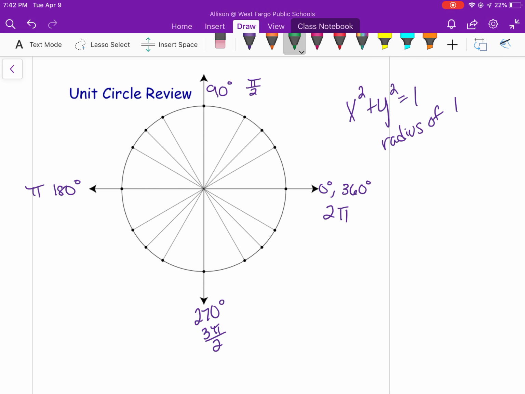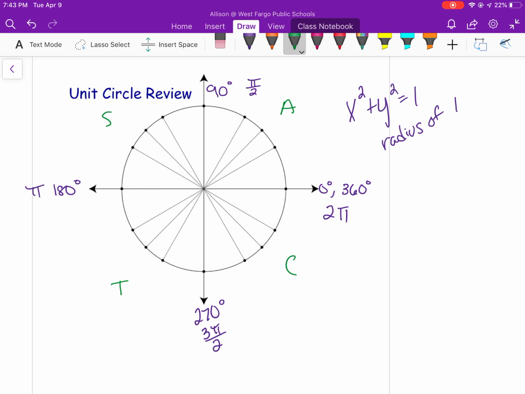Now, what's really interesting about the unit circle, we've talked about the quadrants before and the acronym all students take calculus. That tells us the trig functions and their values in those different quadrants, like if they're positive or negative.